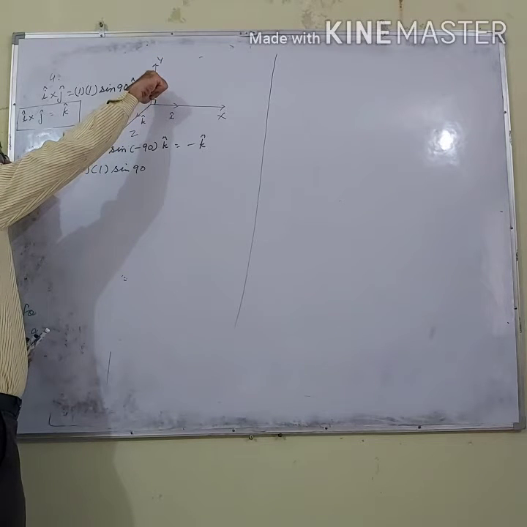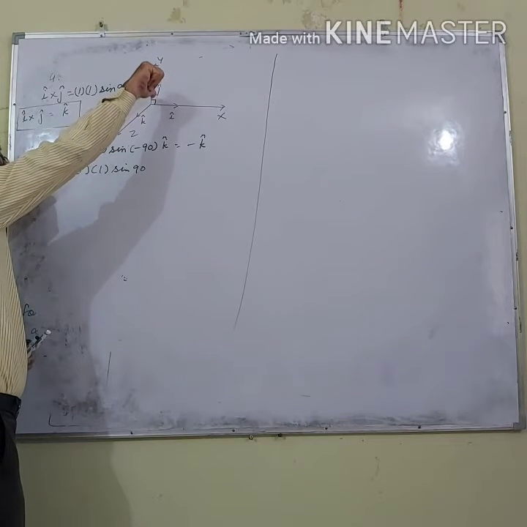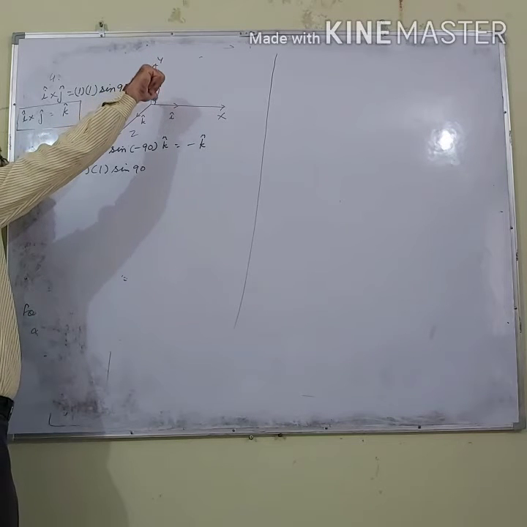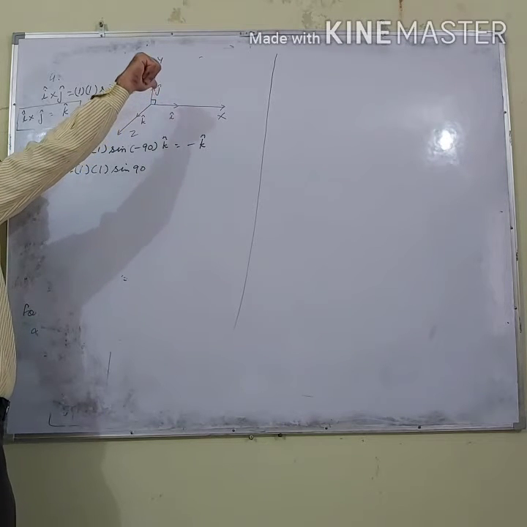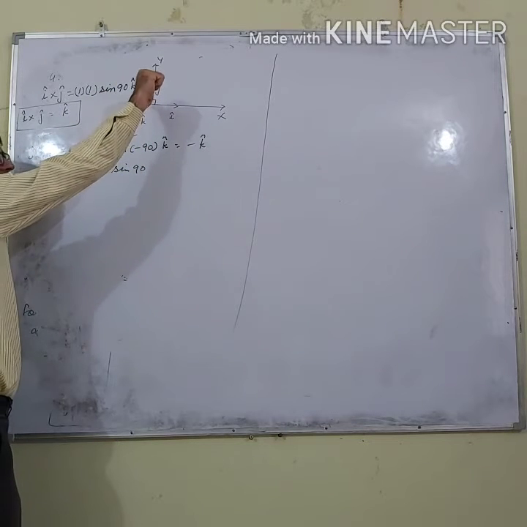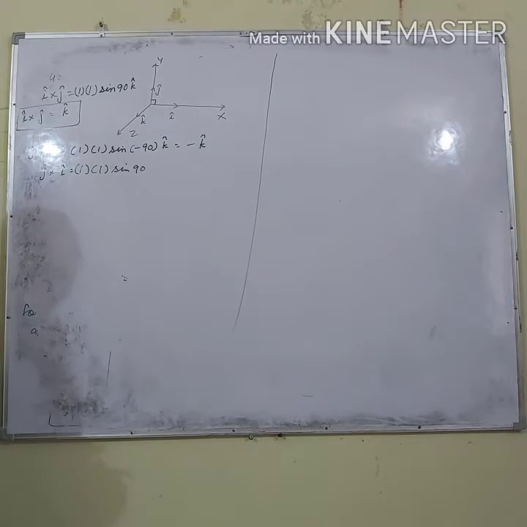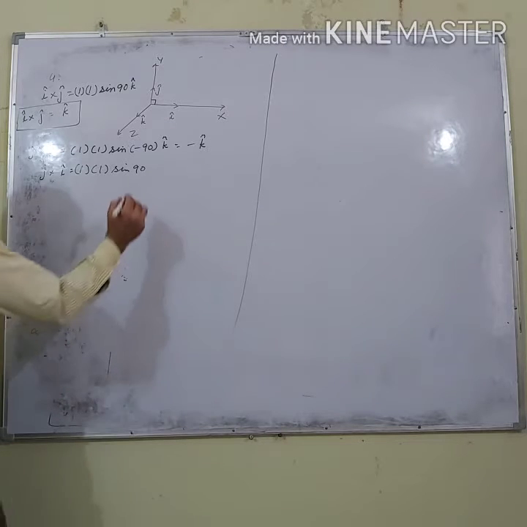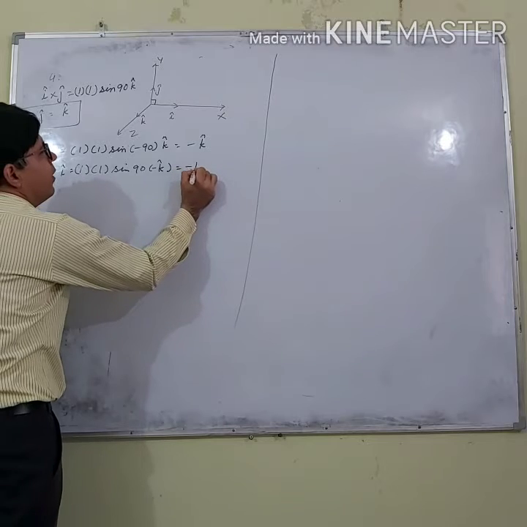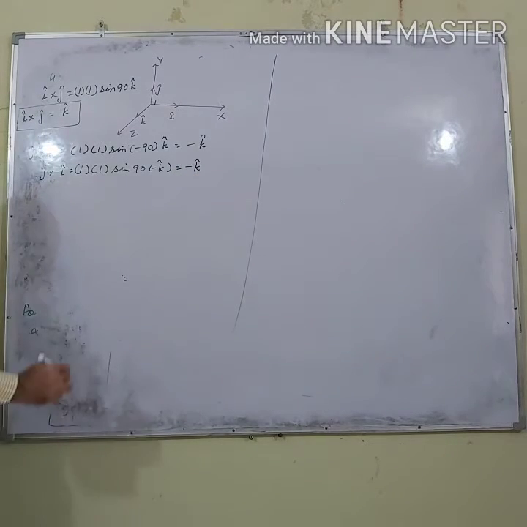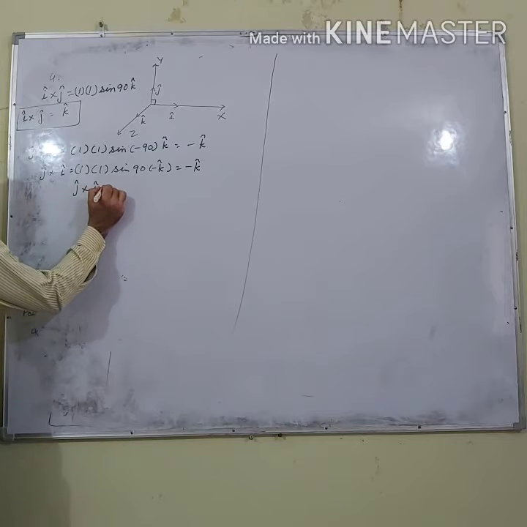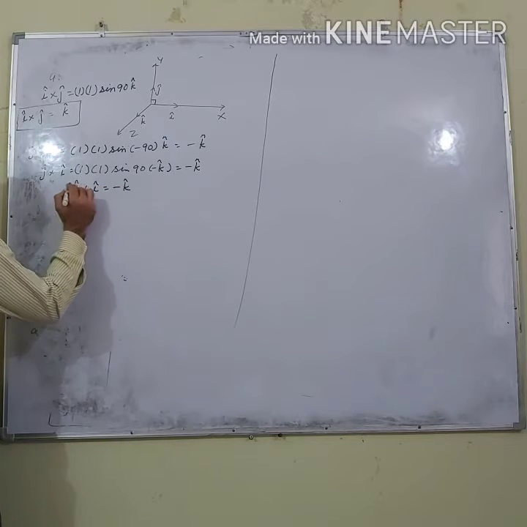They are in this way, and my thumb is now directed into the whiteboard, behind the whiteboard. Earlier it was outwards, now it is inwards, and this vector is minus k. Both are correct. So I can say j cross i cap is minus k.